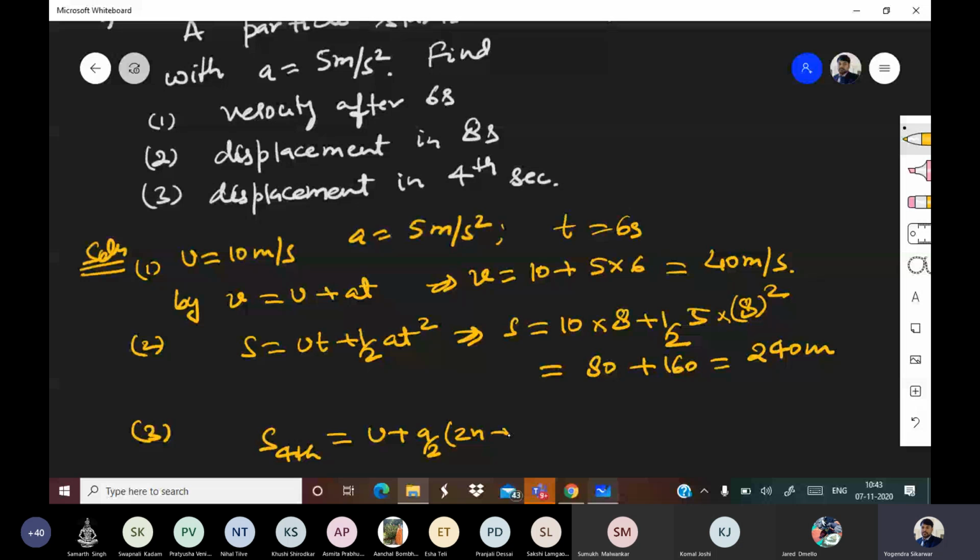So that comes out to be 10 plus 2 into 4 is 8 minus 1 is 7. 7 into 5 is 35 by 2. So that becomes 55 by 2 meters, or you can write it as 27.5.